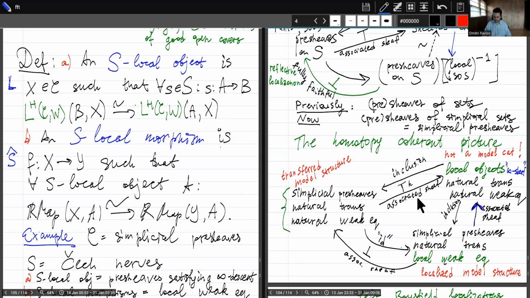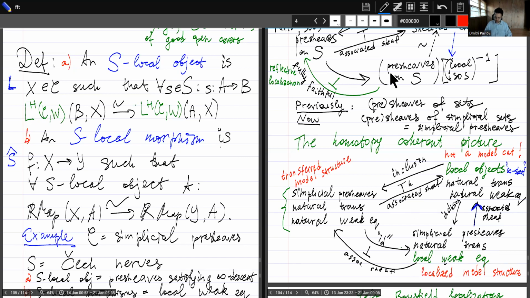And we expect that just like the associated sheaf functor factors through the category of fractions, there should be some analog of the category of fractions. And since weak equivalences are the maps we want to invert universally, then inverting more maps, such as the local weak equivalences, which are precisely those natural transformations that are inverted by the associated sheaf functor, can be accomplished simply by enlarging the class of weak equivalences to local weak equivalences.